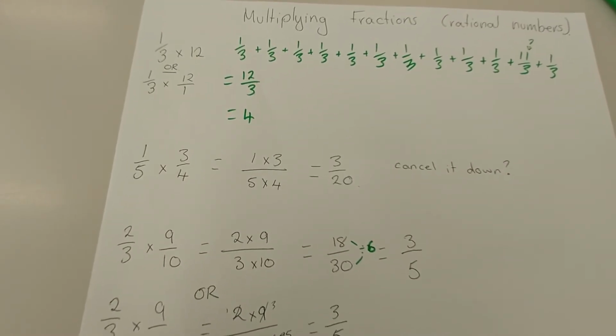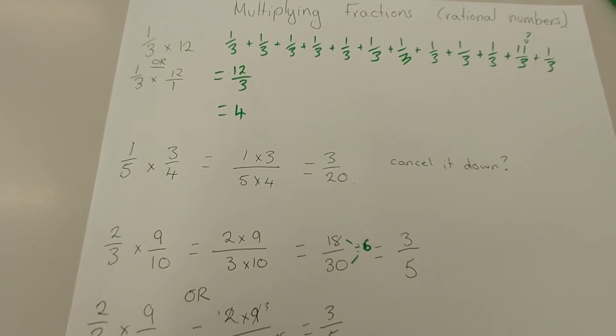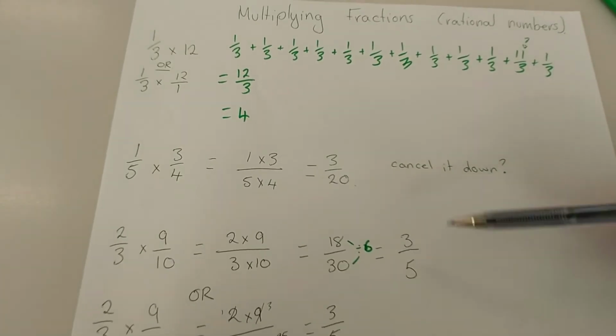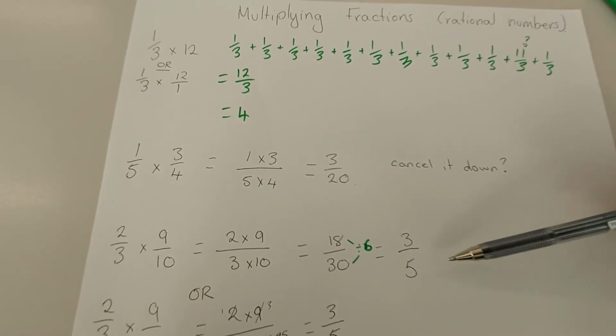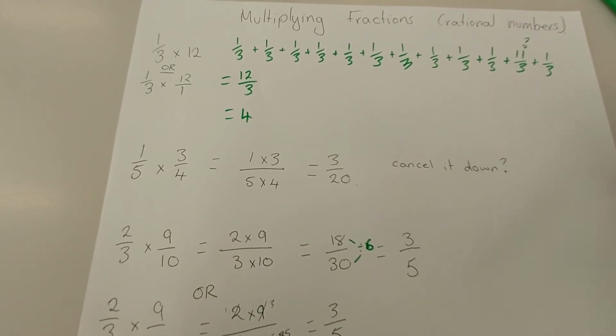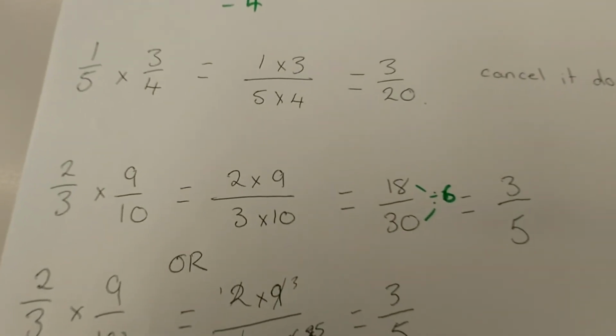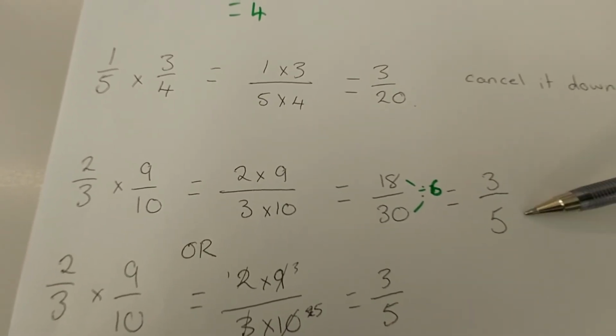And 6 is the largest number that they both have in common. So if you did divide by 3, you'd end up with 6 over 10, but dividing by 6, we end up with 3 over 5. And that is as cancelled down as that fraction can be. I can't make it any smaller.